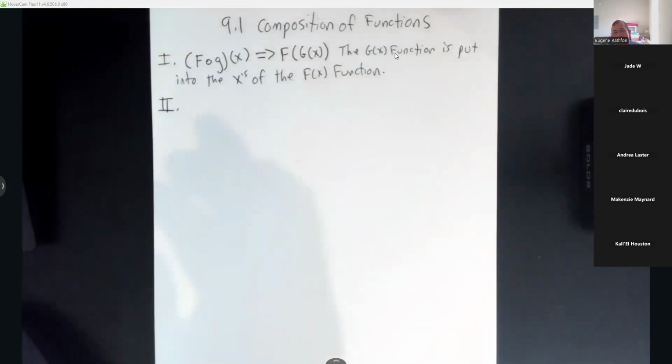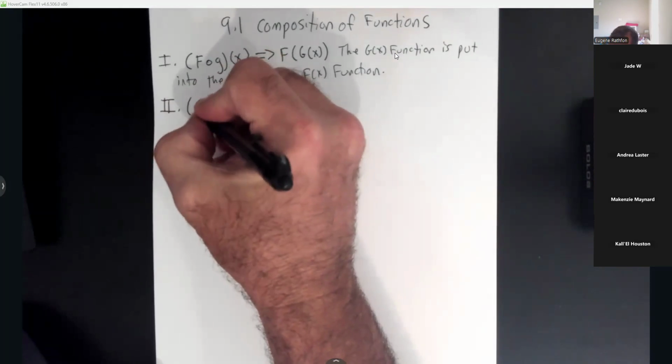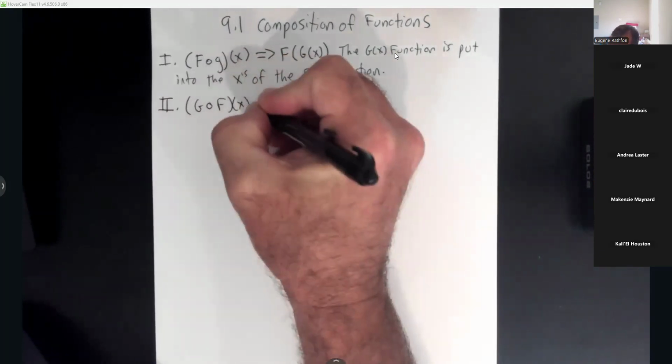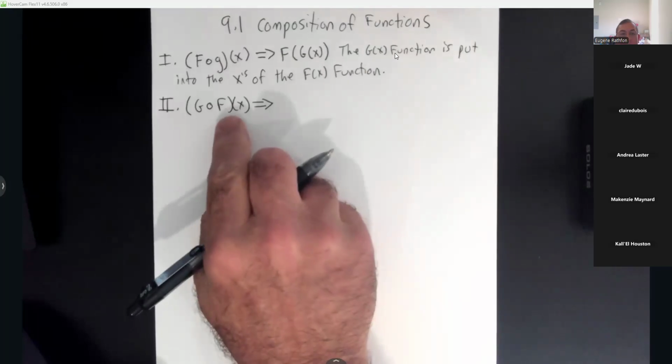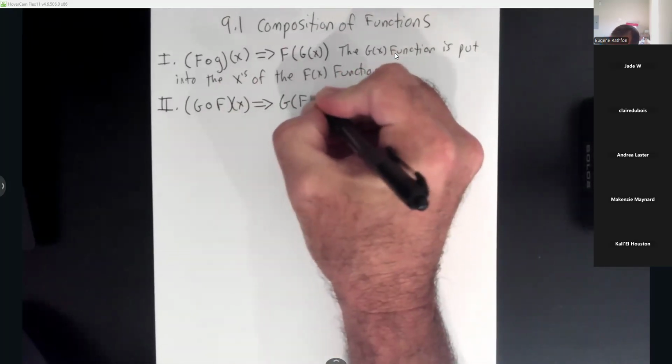And y'all, the second one's really similar. It's just reverse. This one will have g compose f of x. So this would be like doing a g of f of x.